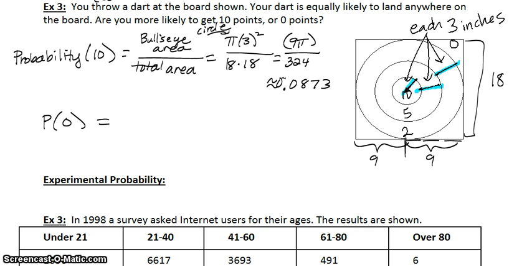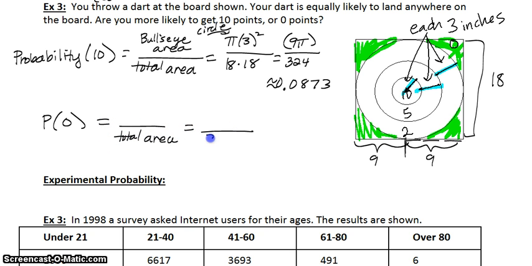And now we want to figure out the probability of getting a 0, and the 0 would be this area here. I still want the total area for my bottom amount, and we figured that out before, so I'll just keep it as 324. It's still the same square. I want outside the circle area for a score of 0.